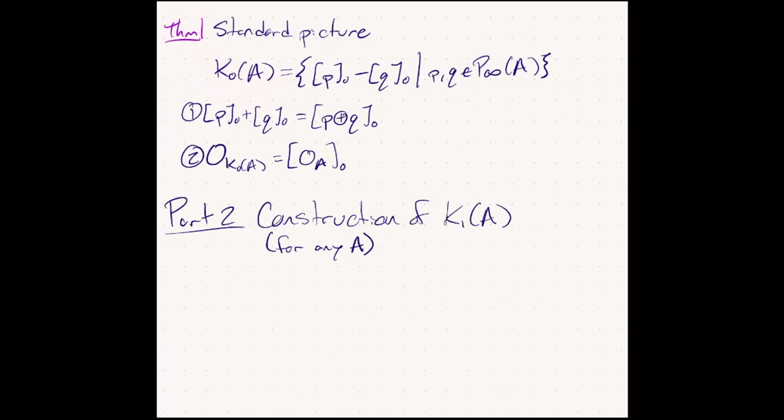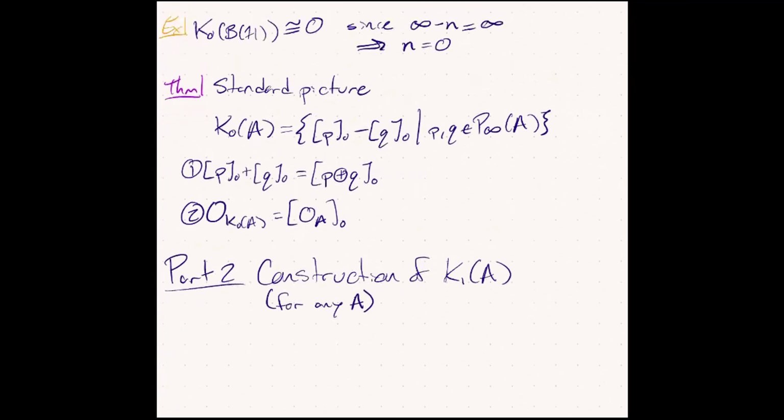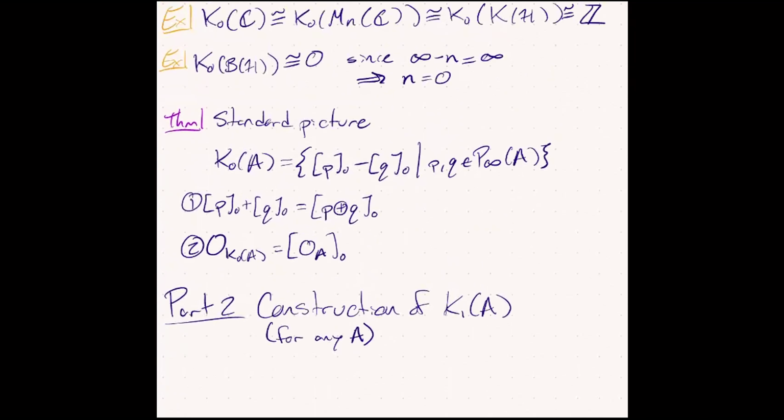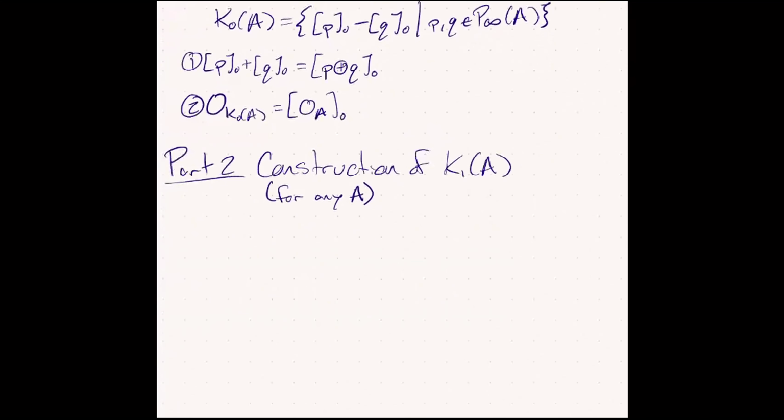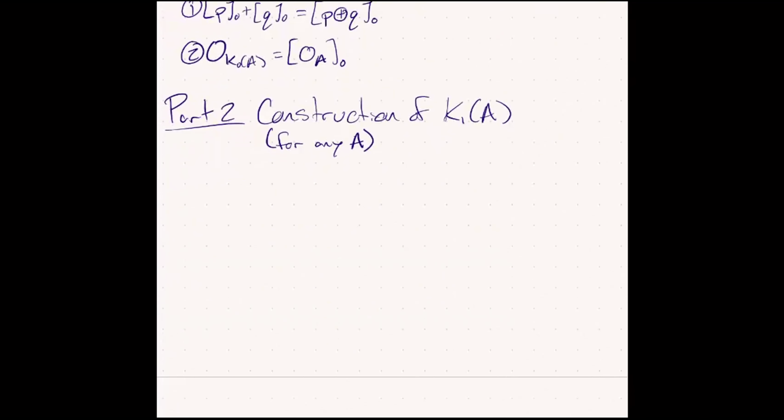It's not clear why that restriction was made at this point, but essentially it messes up the homology theory aspect of K theory if you try to use this definition for non-unital C-star algebras. So if we have time at the end, I'm going to circle back and do the non-unital construction, but I want to make sure we talk about K1. Just keep in mind that the construction we just did for K0 is technically only for unital C-star algebras. For non-unital, it's not too much of a leap. It's just a little bit technical.